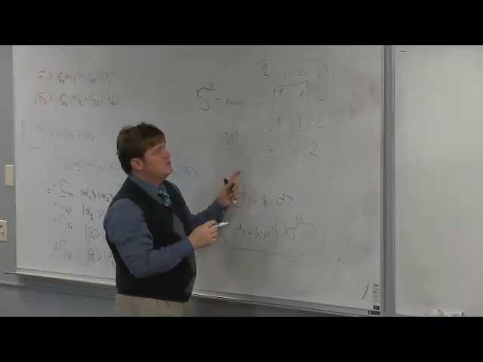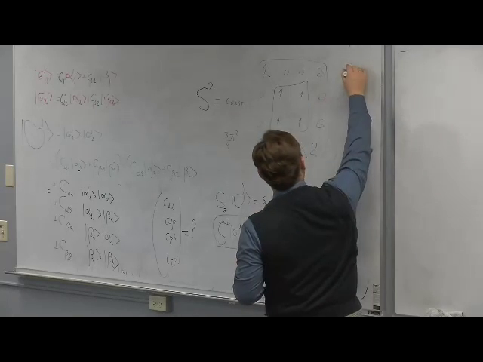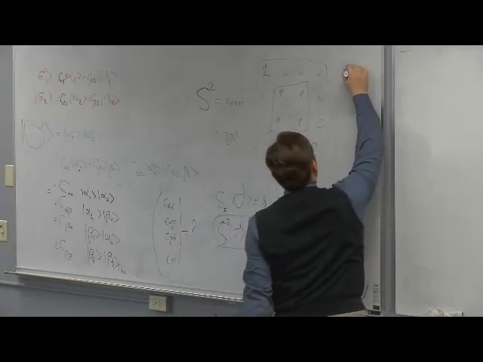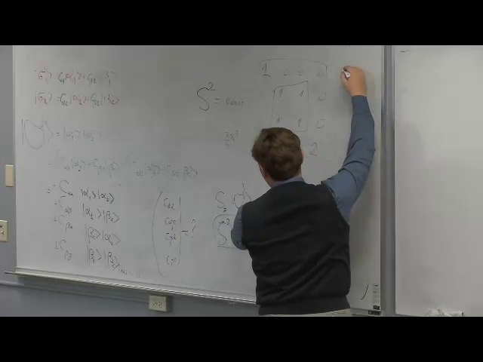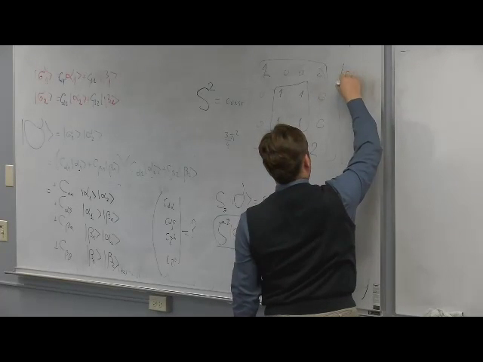And this matrix is applied to this vector. So if we recast this equation in a matrix form, it will be this matrix times this vector.